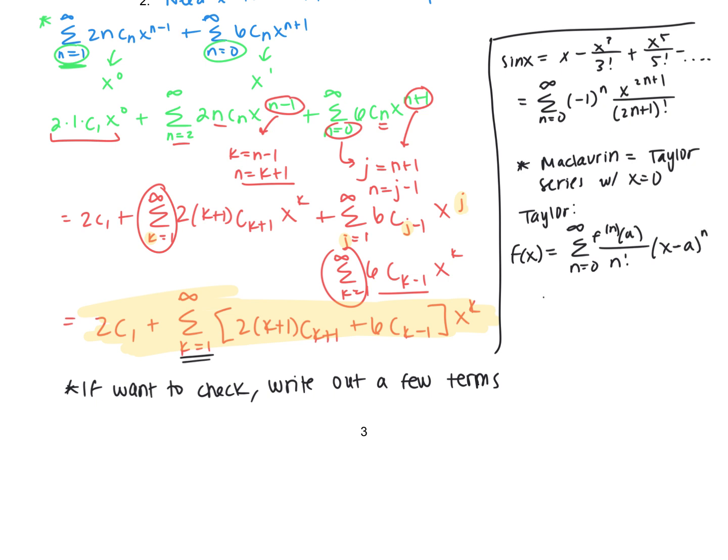So the first few terms, we would get f of a, add f prime of a, multiplied by x minus a, add f double prime of a over 2 factorial times x minus a squared, so on and so forth. But when we say it's Maclaurin, we specifically choose a to be 0.